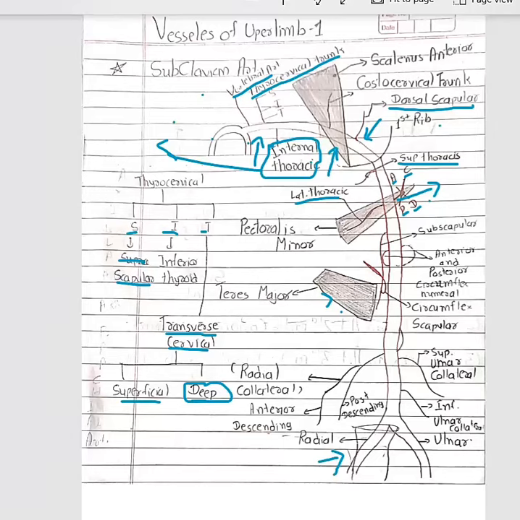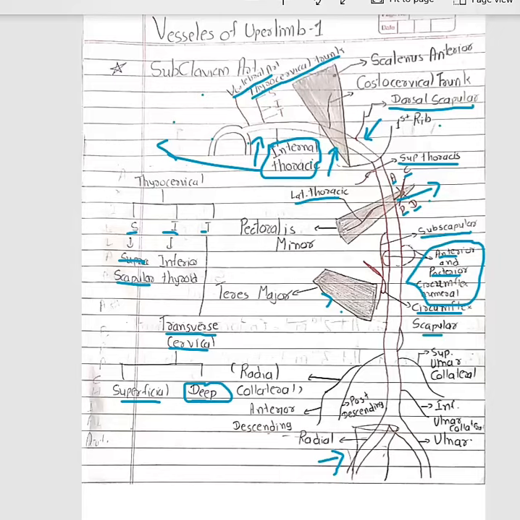The third part has three branches: subscapular artery and anterior and posterior circumflex humeral arteries. The subscapular artery is the longest branch of the axillary artery, and it gives one branch, the circumflex scapular artery, and it continues as the thoracodorsal artery. Except for the anterior and posterior circumflex humeral arteries, all branches of the axillary artery give blood supply to the mammary gland.